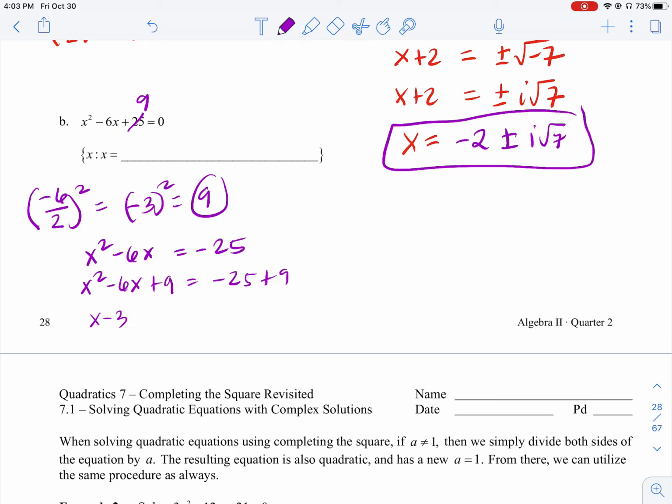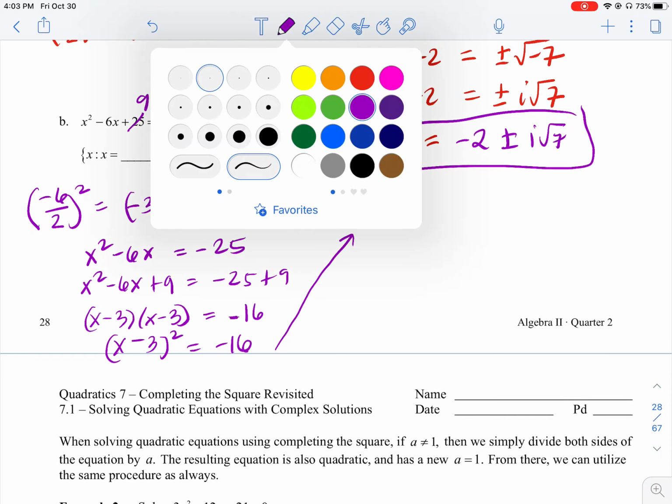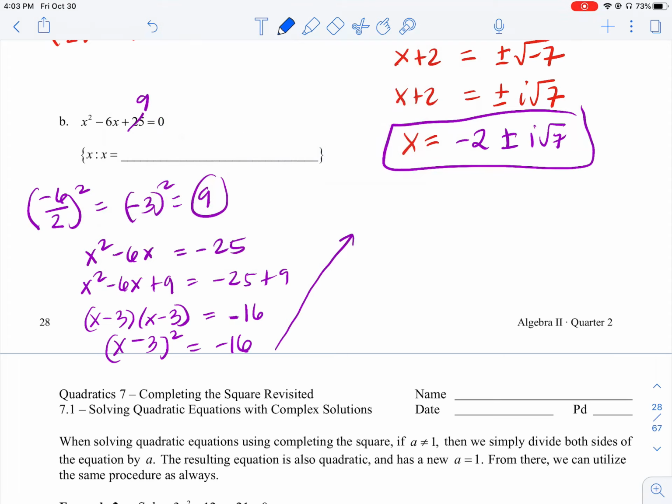And this is x minus 3, x minus 3, equals negative 25 plus 9, which is negative 16, right? And then you're going to have x minus 3 squared equal to negative 16. Moving forward, let's change the color so we don't get confused. We have x minus 3 equals plus and minus square root of negative 16.